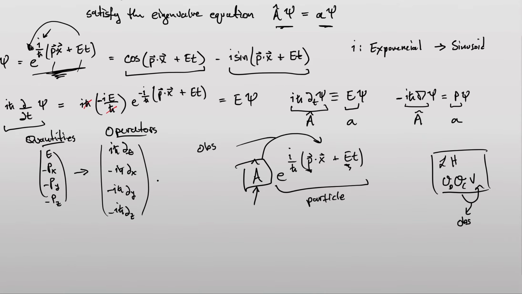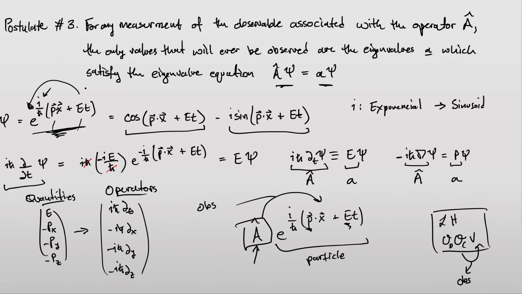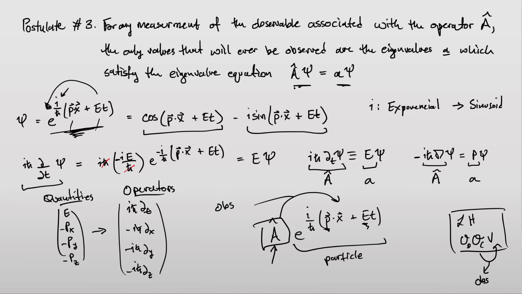But oftentimes students get somewhat confused about this. It's like, why exactly are observables associated with operators? Well, this is why. It's because we can pack all of this information into a wave. And this is also very good. This is a wave, and we've said in the past that particles can act like waves due to the double slit experiment. So this packs a lot of information.